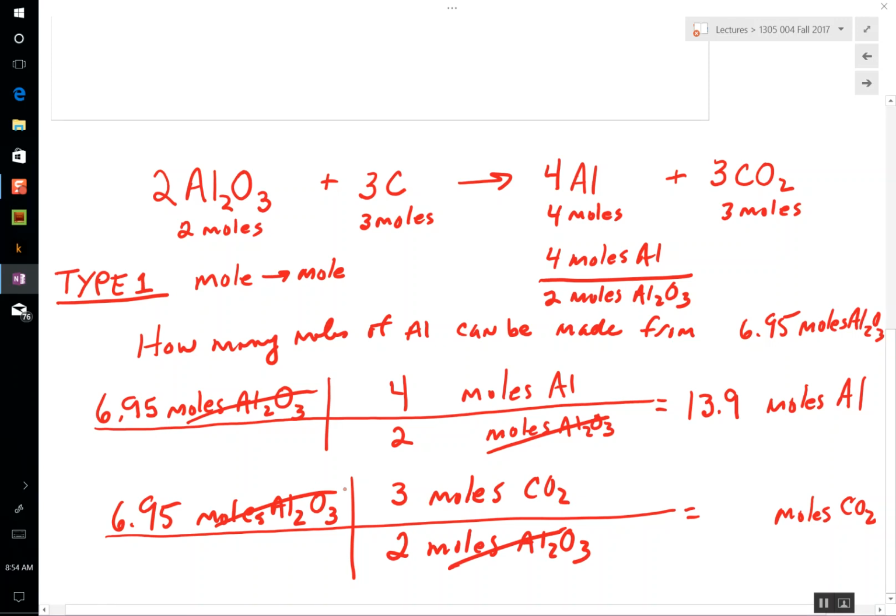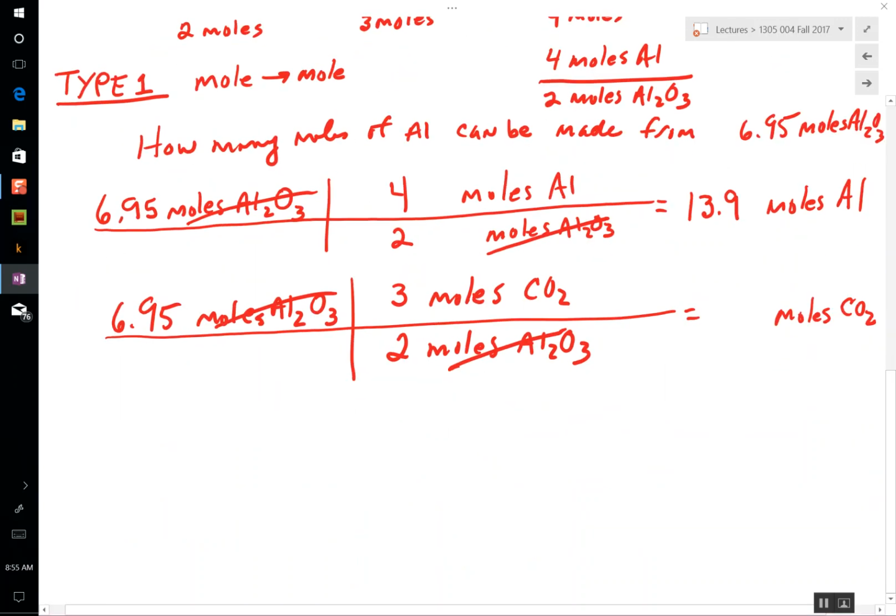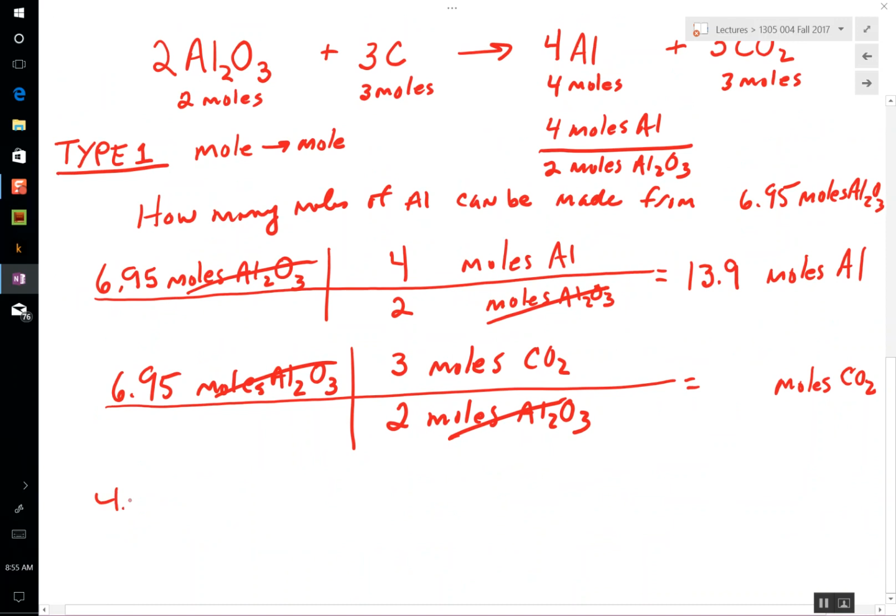And it doesn't always have to be a reactant going to a product. That's what these two are. But say I've done this reaction and I've discovered that 4.5 moles of CO2 came out of the reaction. So let's say we had this situation where 4.5 moles of CO2 were produced.